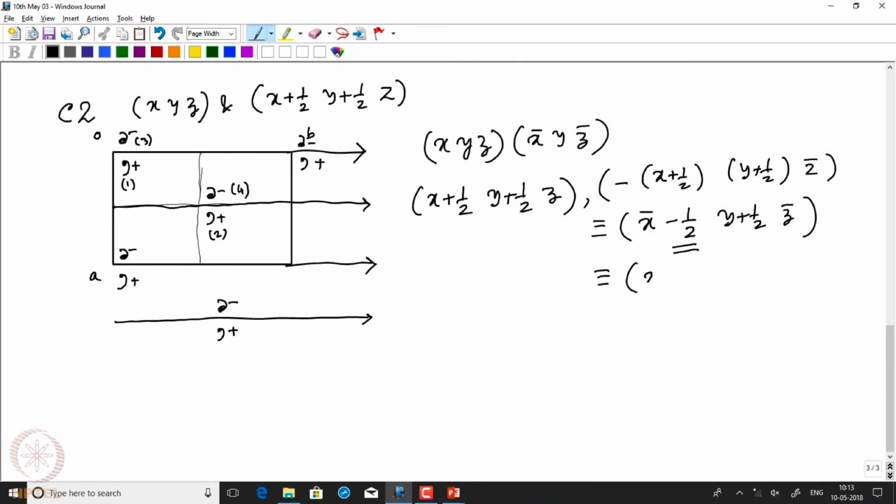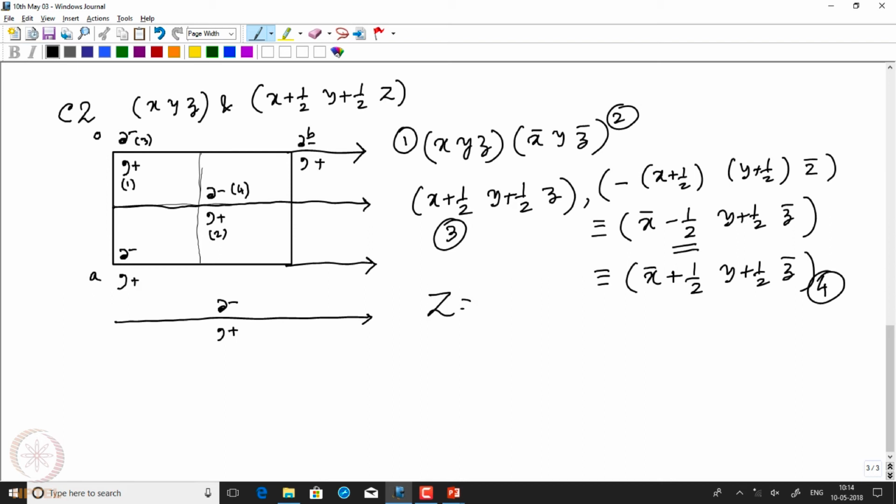So we simply add 1 and write it as x bar plus half, y plus half and z bar. So these are the 4 equivalent points that one can derive for the space group C2.